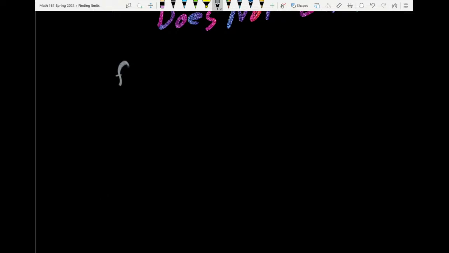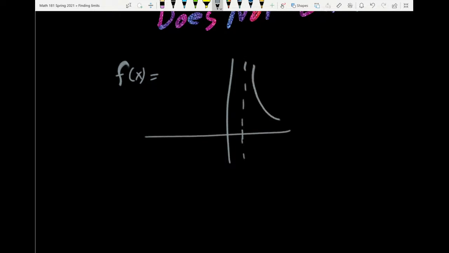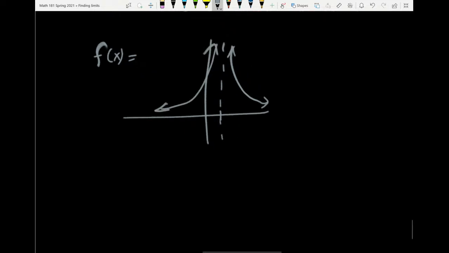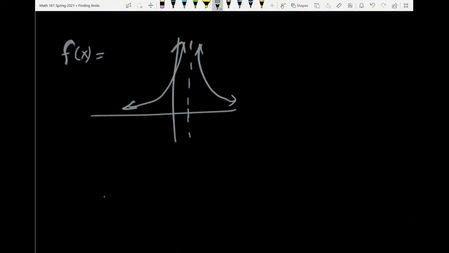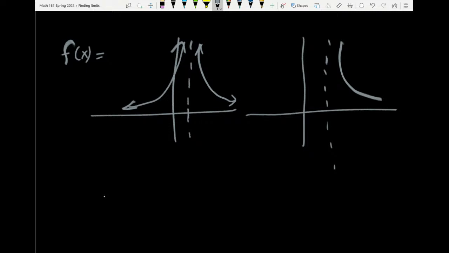So let's look at this function. Ooh, I'm liking this pencil. And let's make the point 1.